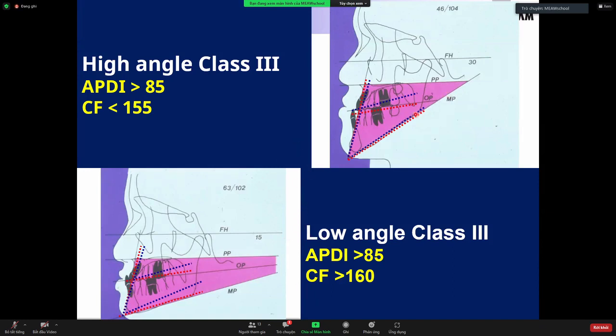There is a difference in the mandibular plane and mandibular response. High angle class 3 means the APDI value is greater than 85 and the combination factor is lower than 155. On the other hand, in low angle class 3 the combination factor is greater than 160.